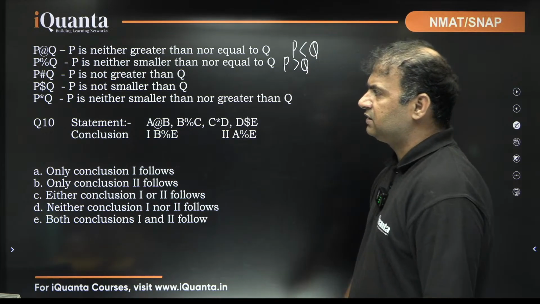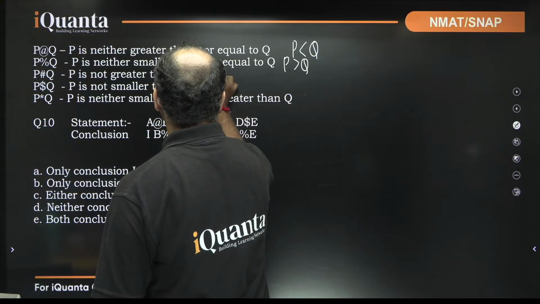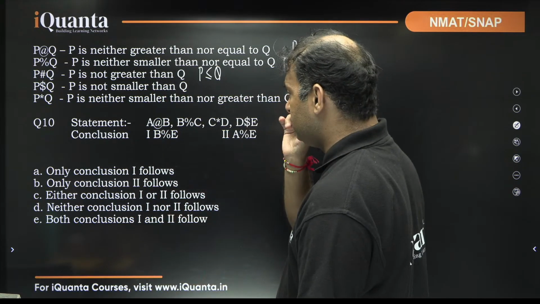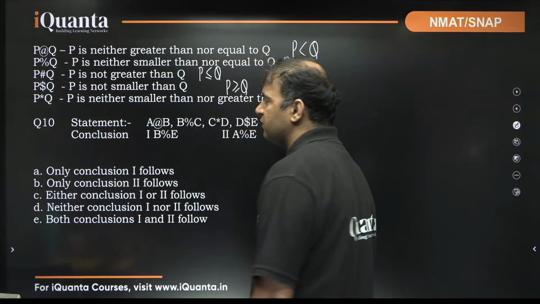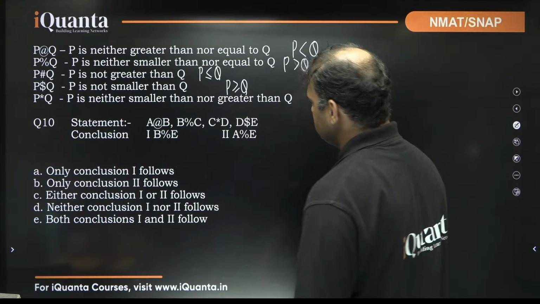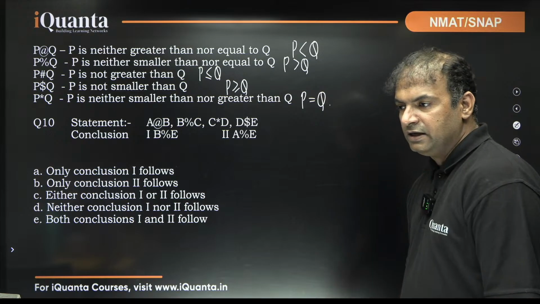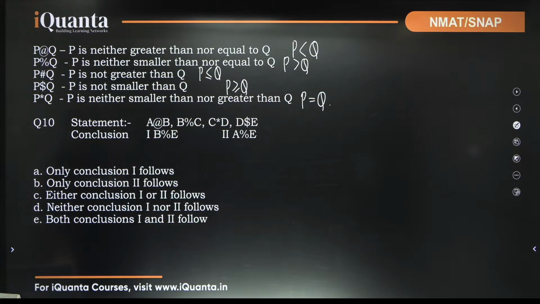Next, p is not greater than q, that means p is either less than or equal to q, which is what we can say, right? Next is p is not smaller than q, that means p is either greater than q or equal to q, this is also we can say. Last one, p is neither smaller than nor greater than. So guys, the only thing possible is that p is equal to q, right? So this again is one more way of giving the information, alright.